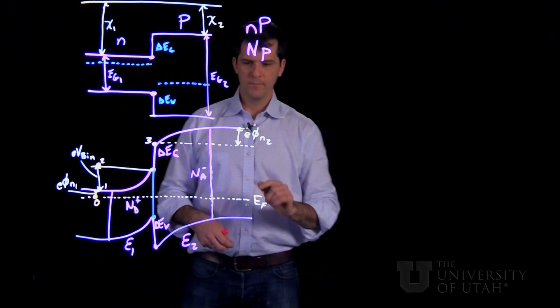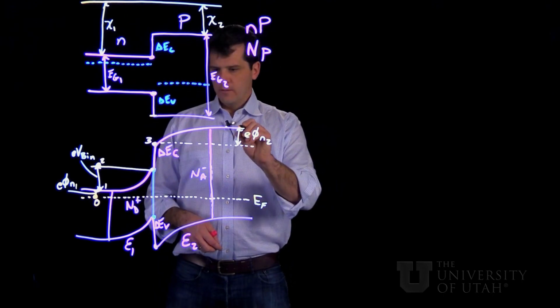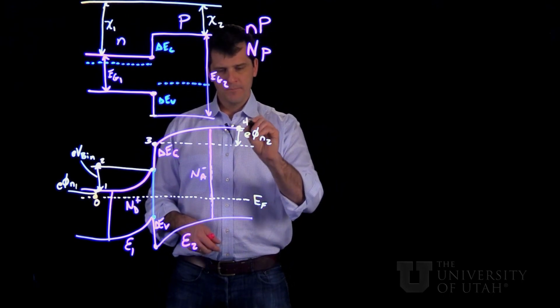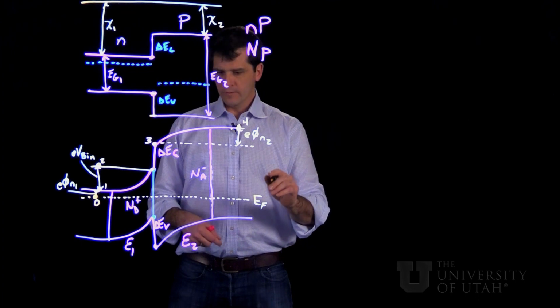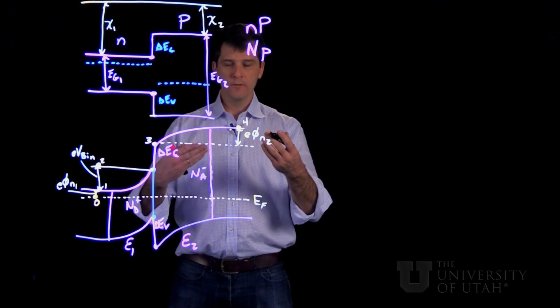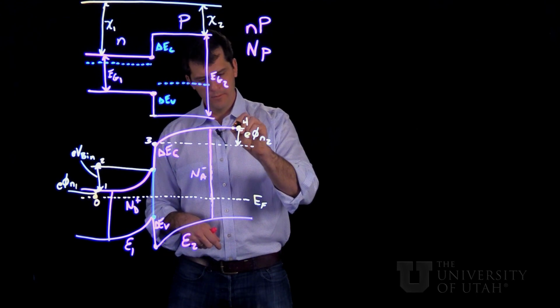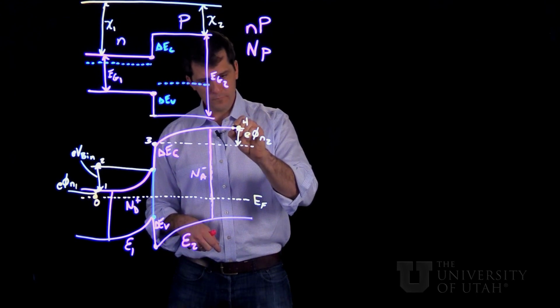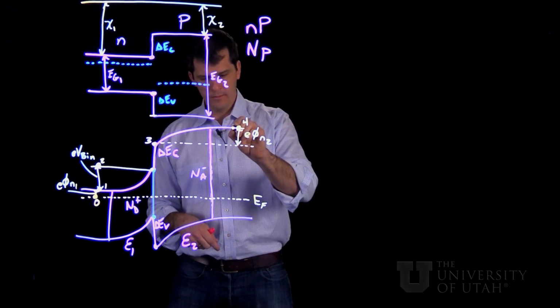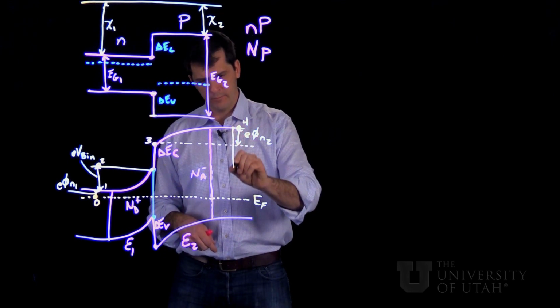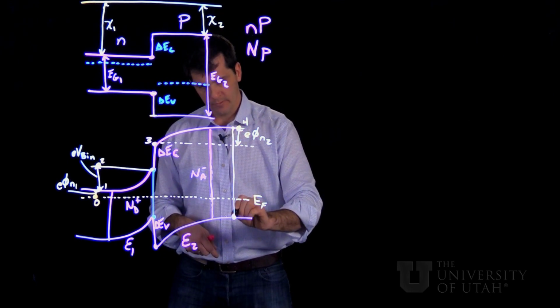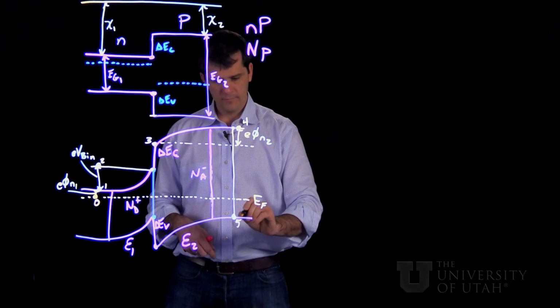That's on the one side. So now we're at point 4 here. So now, to go around a complete loop, we could move back down from the conduction band down to the valence band. So that would be the band gap of the larger material. That's 0.5.